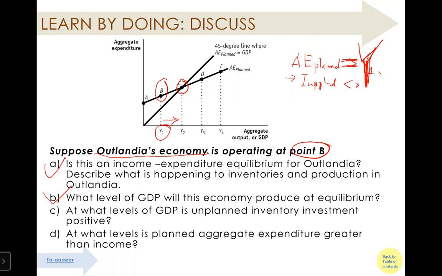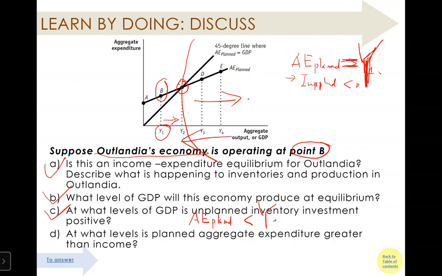C: at what level of GDP is unplanned inventory investment positive? This asks when AE planned is less than Y, so you produce too much. Any point on the right-hand side of point C has positive unplanned inventory investment, and you may want to adjust by reducing output.